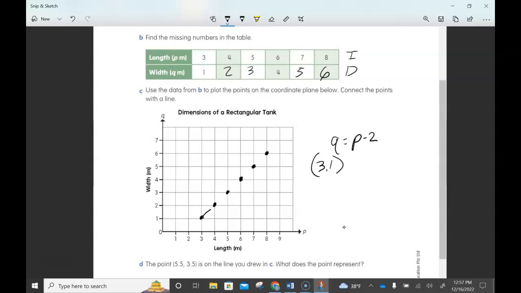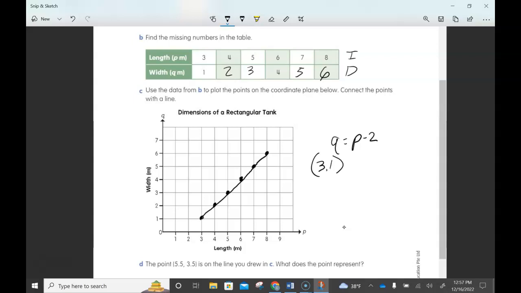You can do this with me. Get that as straight as you can. Mine's a little crooked, that's all right. Just connecting your dots. Whenever it's a straight line like this, you understand that you have the correct answer because it's following a pattern. That is how you graph a linear equation.